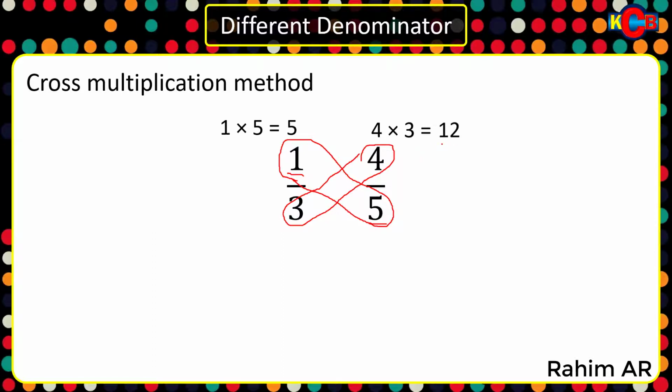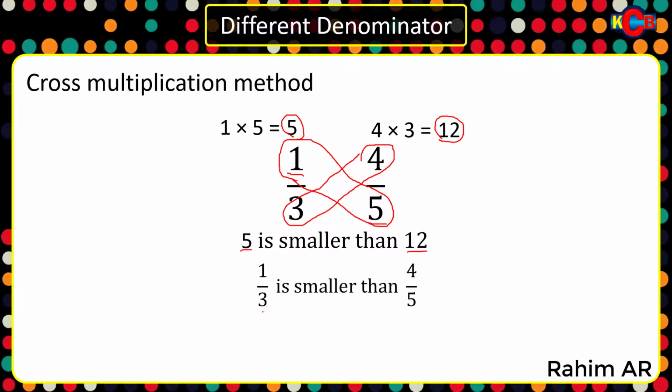Now, compare the answers, 12 and 5. Since 5 is smaller than 12, then 1/3 is smaller than 4/5. So, when we write it using the symbol, we will use this symbol, smaller than, pointing to the left.